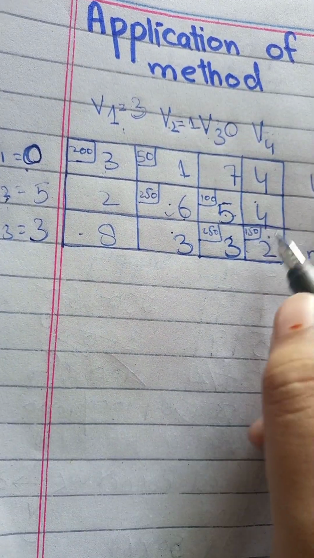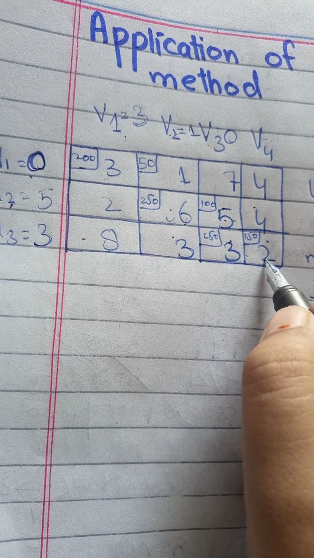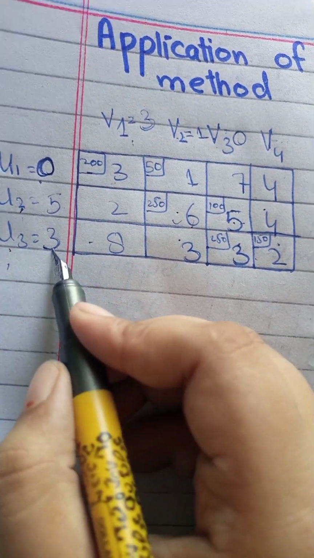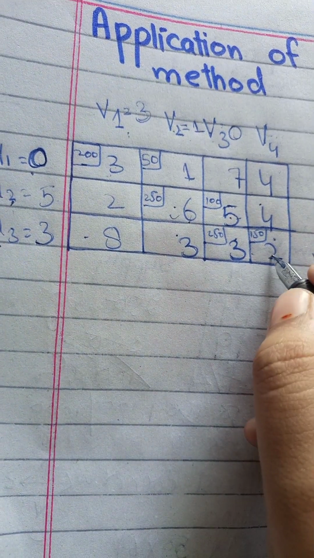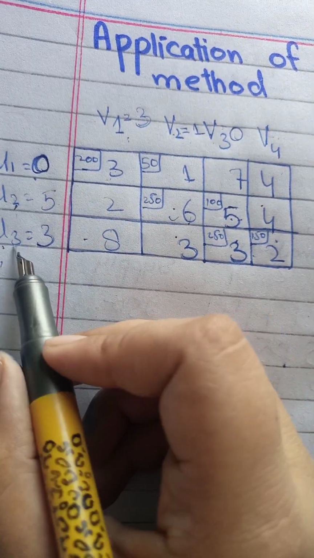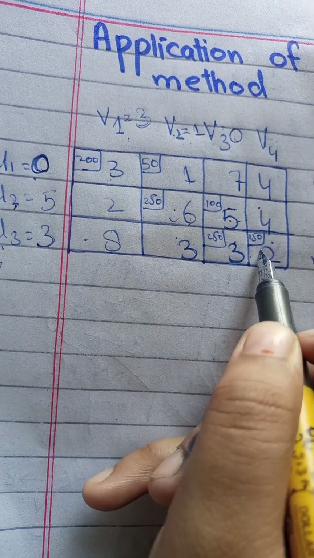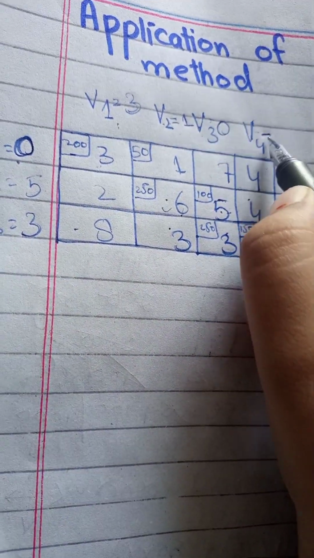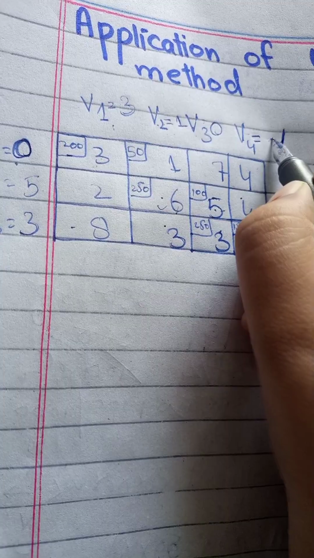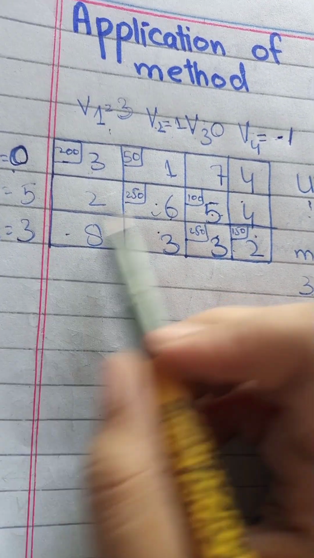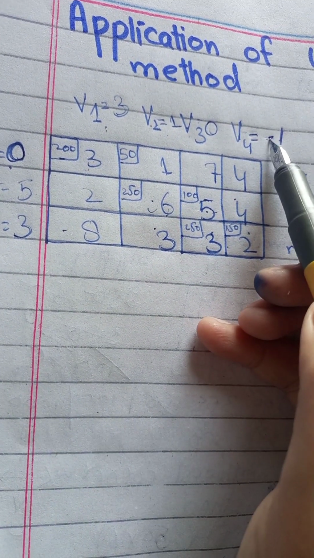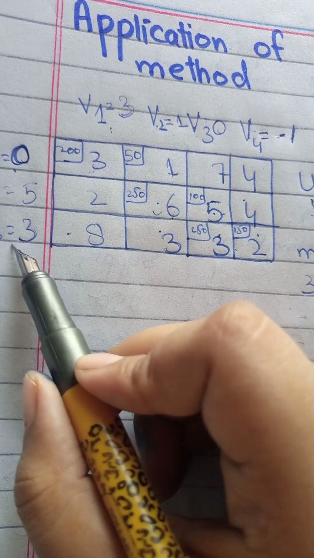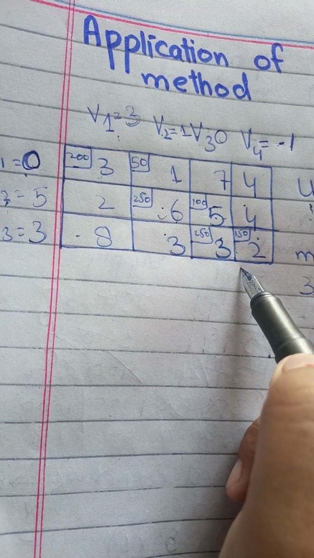Now for v4, the number is 2 and u3 is 3. Now what will we do? u3 is greater than the cell, so we will give the value in negative. We have given the value -1 because 3 minus 1 equals 2.